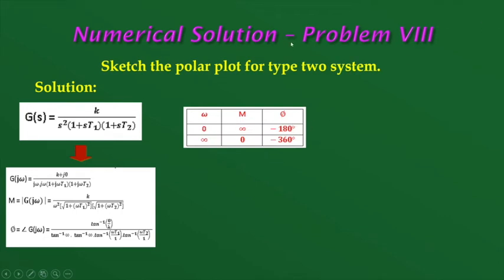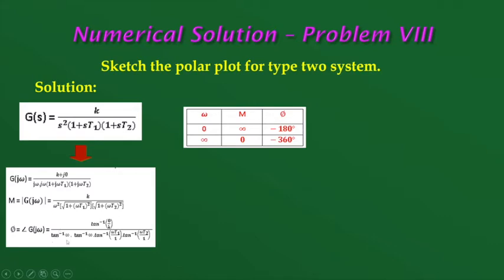Then taking this table, when omega equal to 0, the magnitude is infinity. When omega equal to infinity, the magnitude is 0. Similarly, when omega equal to 0, what is the phase angle? This is 0, that means this and this angle are also 0. We get minus 90, only minus 180.